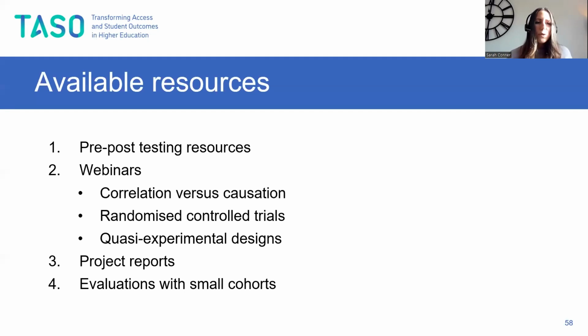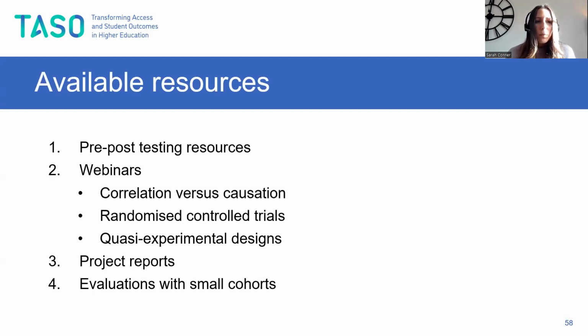We've also delivered webinars in the past on correlation versus causation, so type 2 versus type 3 evidence. Webinars on randomized controlled trials go into a lot more detail on individual versus group level randomization, and also the different quasi-experimental design methods.